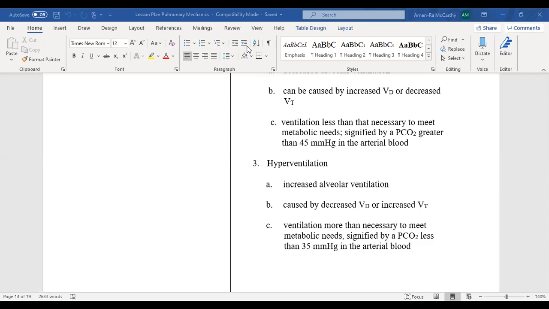Anybody online say anything different? A COPDer, what type of CO2 do I expect them to have when I look at their numbers? Would it be greater than 45 or less than 35? What do you think, Judith, for a COPDer? First, think about what COPD is. What problem do they have?